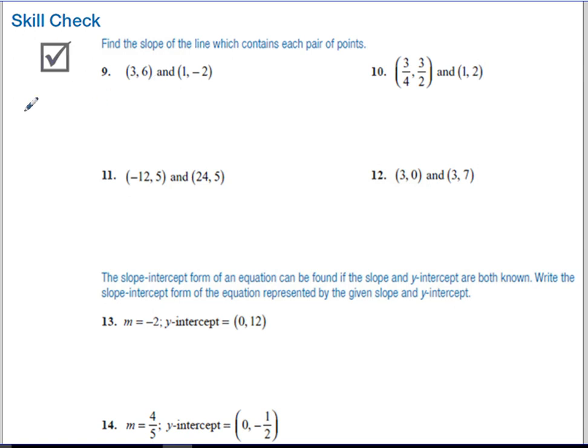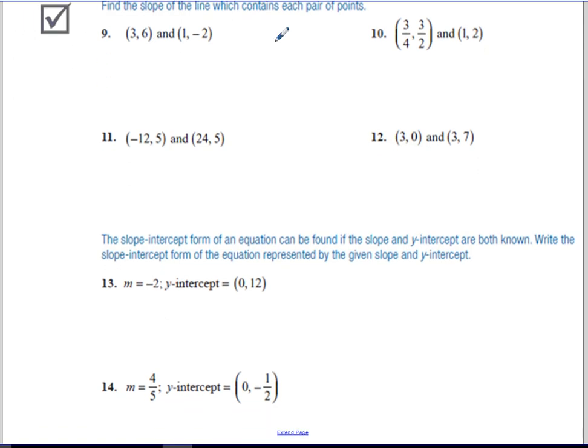Okay, so here's some problems for you to practice. Notice up here, you're finding the slope given the point, so you can't just count because there's no graphs. And if you want to, dealing with these fractions, you can turn them into decimals and then just work with decimals in the equation. It might be a lot easier for you to do that way.